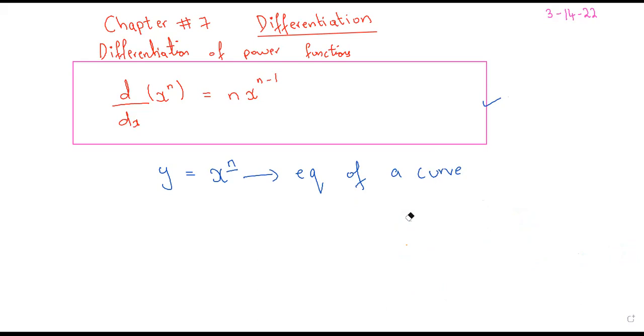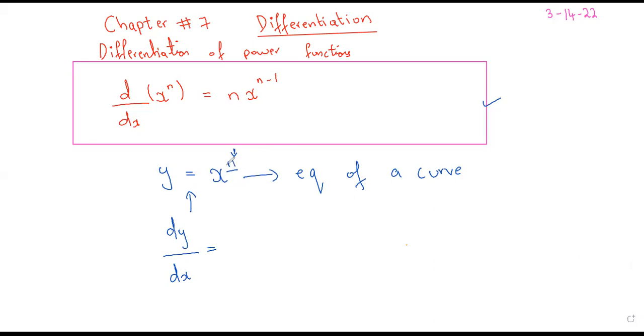Okay. So first thing is to write down dy by dx. This is just a notation. This is how we denote differentiation. Dy by dx means the derivative of this equation, that is y equals x to the power n. How do we do it?